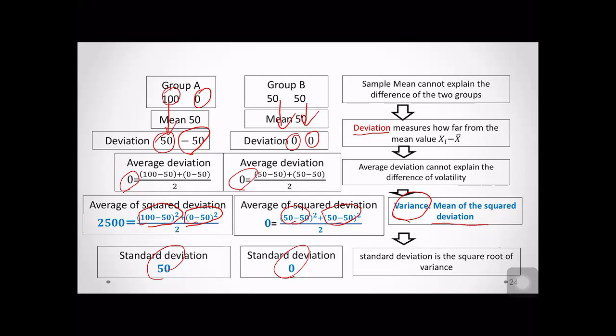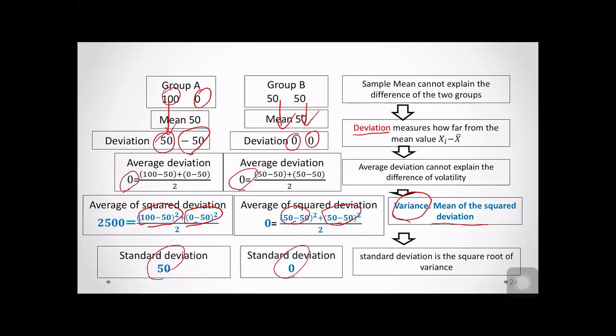So let me quickly summarize. Variance and standard deviation are measures of variation or volatility among a group. Both A and B have the same average, but they have different volatility or variation. We cannot calculate the average deviation because positive and negative deviations may cancel off.